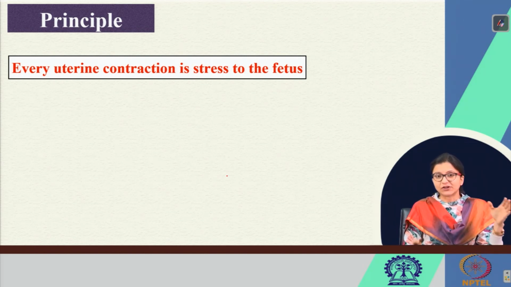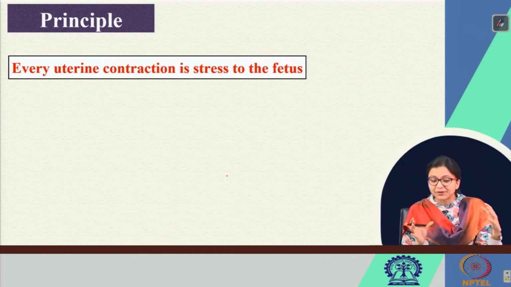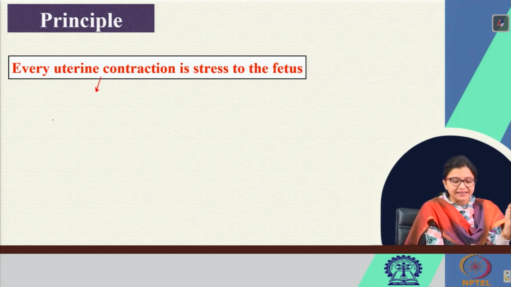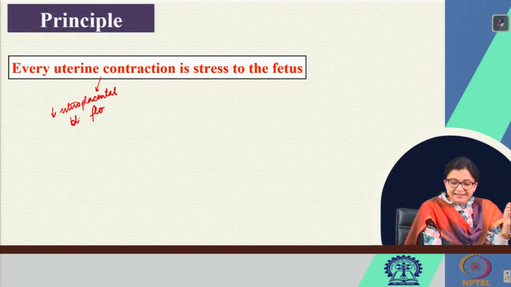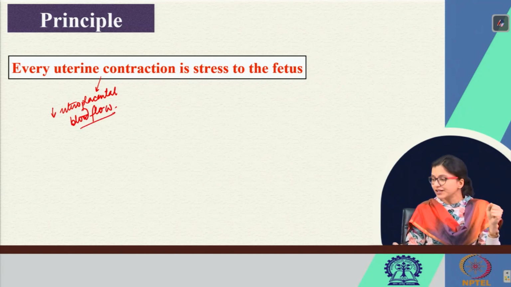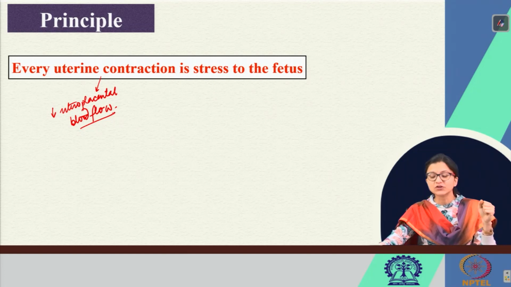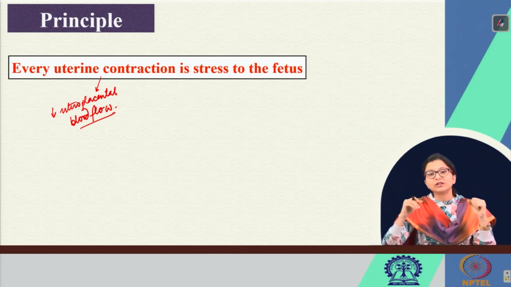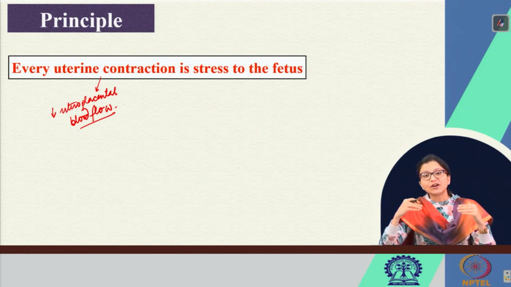If you start a CTG during labor, say there are some indications or abnormalities which have led to continuous fetal heart rate monitoring, you need to continue the monitoring throughout the labor till the delivery. So, this is also called continuous electronic fetal monitoring or CTG.